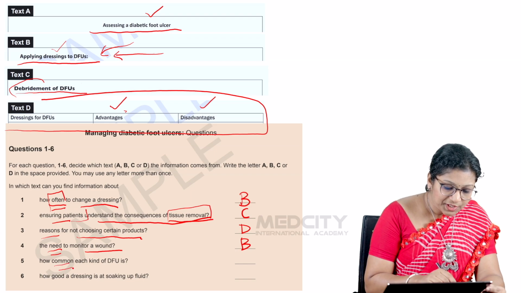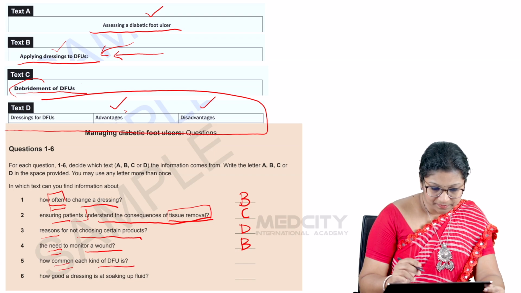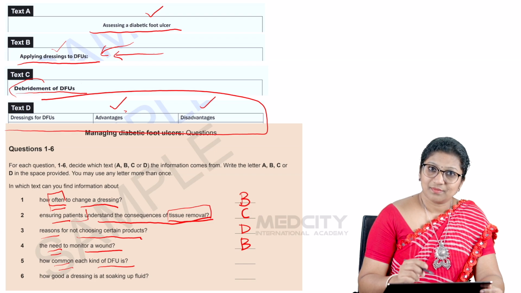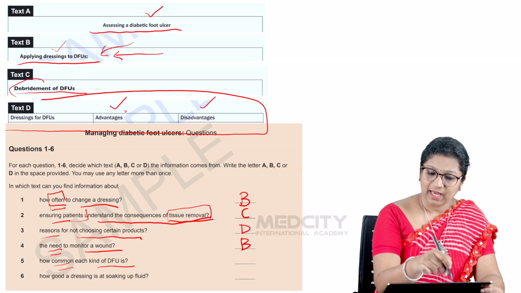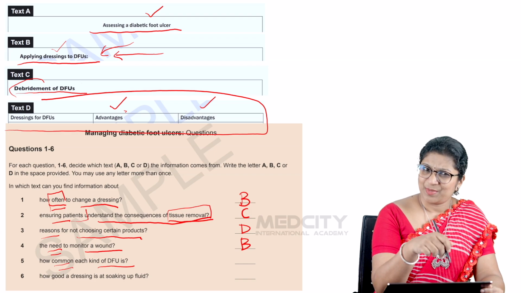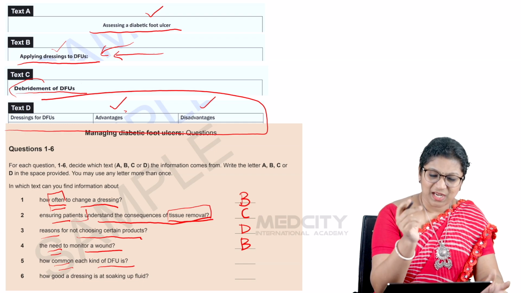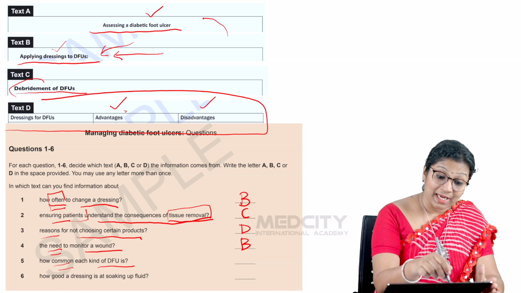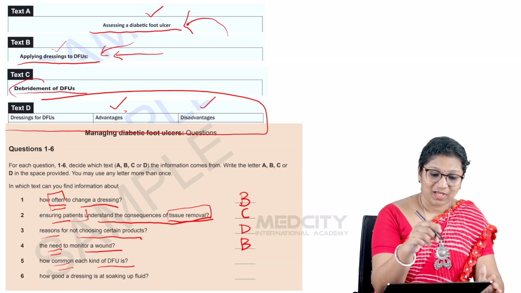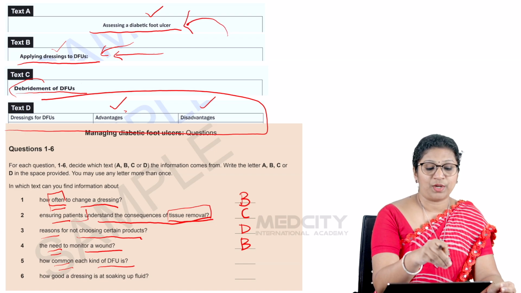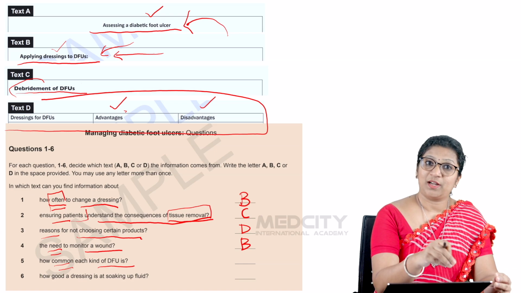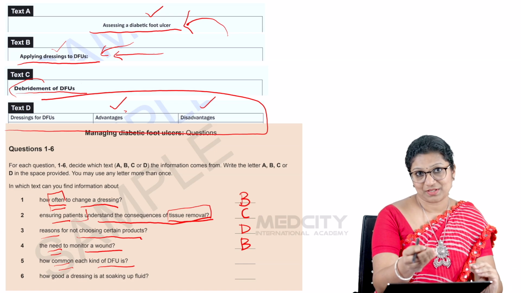How common each kind of DFU is? Which one do you think it will be? A. Assessing. Debridement? No. Applying dressing? No. Advantages, disadvantages? No. It's likely to be in assessing, because when talking about assessment of foot ulcers, we might have information on what foot ulcers are and the types of foot ulcers.